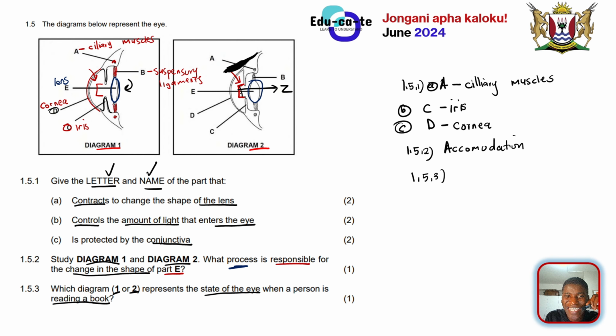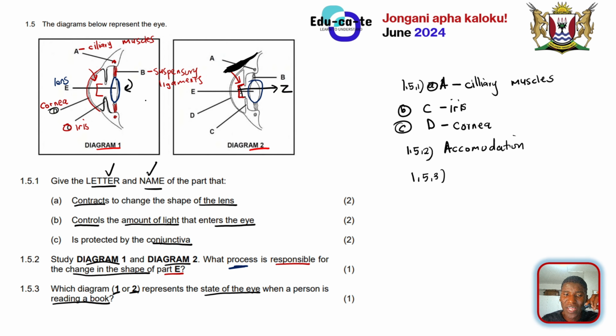It needs to be near you. You cannot read a book that is 6 meters away from you. That's impossible. So when someone is reading a book, we are talking about accommodation for near vision, because you need to read it closer to your eyes, so your eyes are accommodated for near vision.